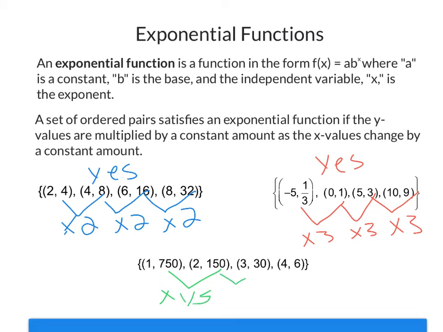To get from 150 to 30, I multiply by 1/5. And to get from 30 to 6, I also multiply by 1/5. Since my x values are going up by a constant amount each time, and my y values are being multiplied by a constant amount each time, this also satisfies an exponential function.